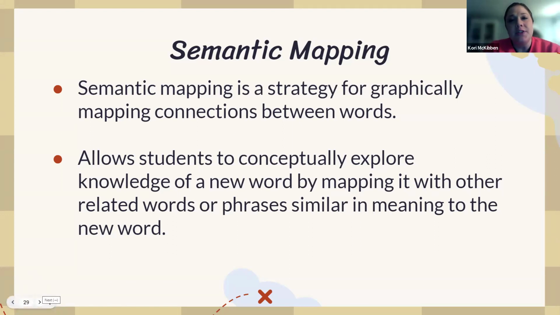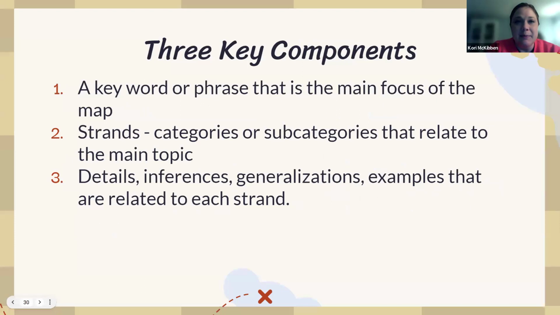It allows students to conceptually explore knowledge of a new word by mapping it with related words or phrases similar in meaning to the new word. You could click. Yep, thank you. There are three components when we think of a semantic map. First, you want a keyword or phrase that is the main focus of the semantic map.